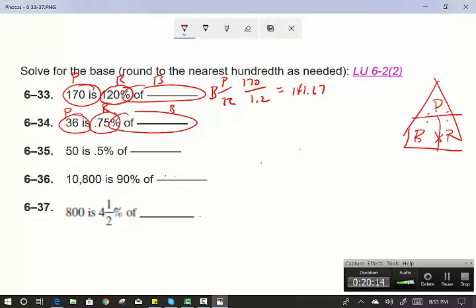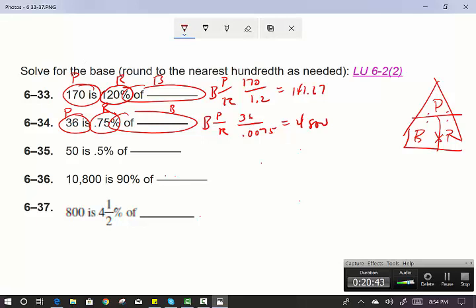Again, you're solving for the base, that's equal to part divided by rate. The part is 36, and now the rate is going to be 0.0075 because the decimal is to the left of the 75, so I'm going to start there and move left to convert it to a decimal, which is 0.0075. And then that will equal 4,800.